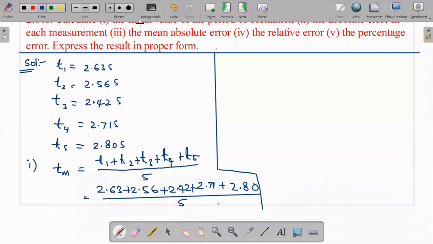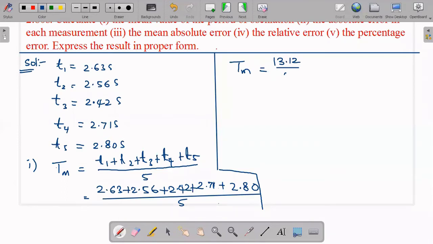Now, what do we get? Actually, this time period we usually consider in capital letters, so I will change this to a capital letter. So the time period mean value TM, if we add all of them, we get 13.12 by 5.